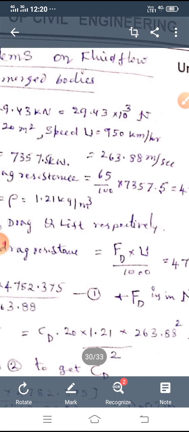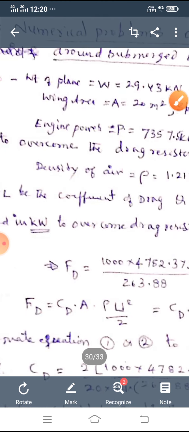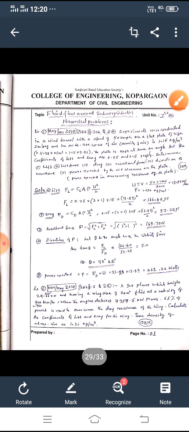If you convert that into meters per second, you will get 263.98. So W is 29.43 into 10 to the power of 3 Newton, U is 950 km per hour or 263.98 meters per second, and area is 20 meters squared.